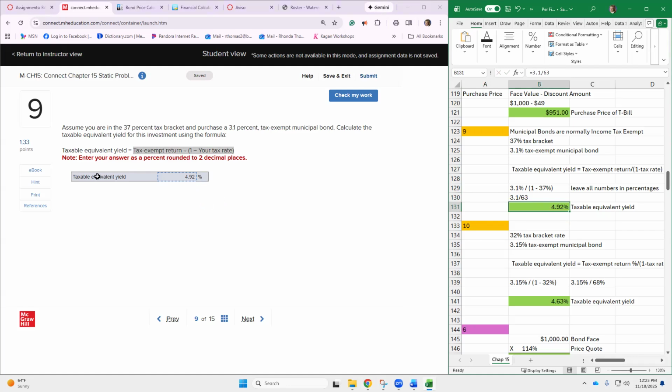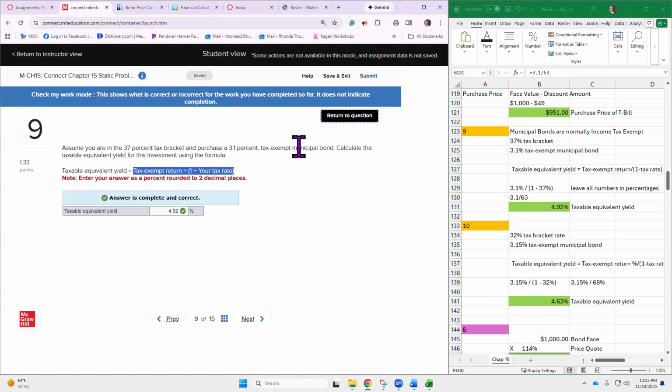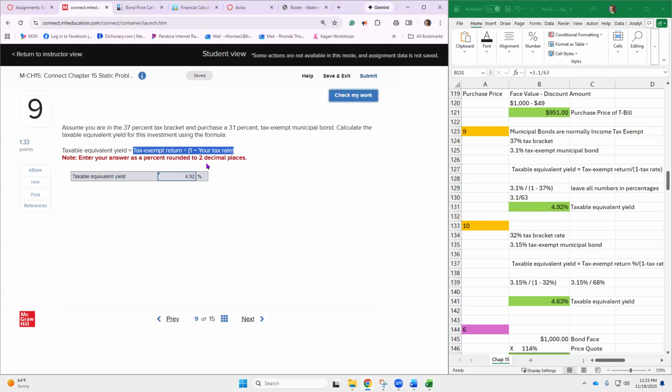And when you get taxable equivalent yield, that's putting the tax implications into that tax exempt status. So not only is this worth 3.1%, but it's really worth 4.92% because you don't have to pay income tax on it. And that's what it's telling you.